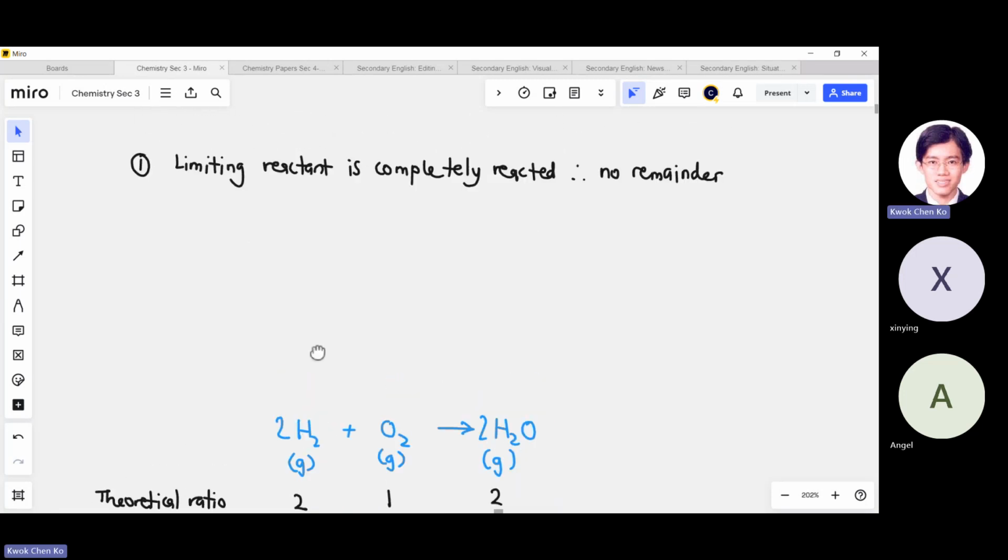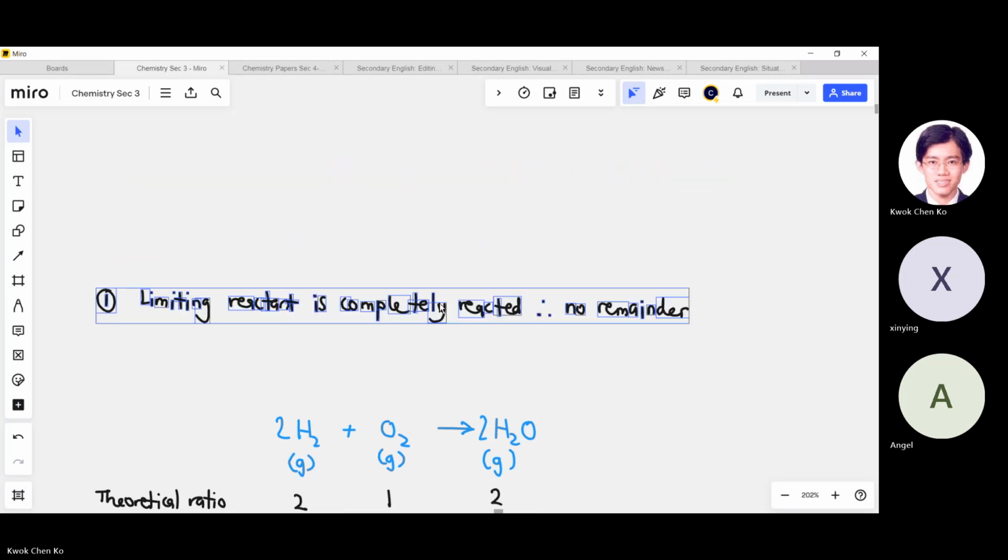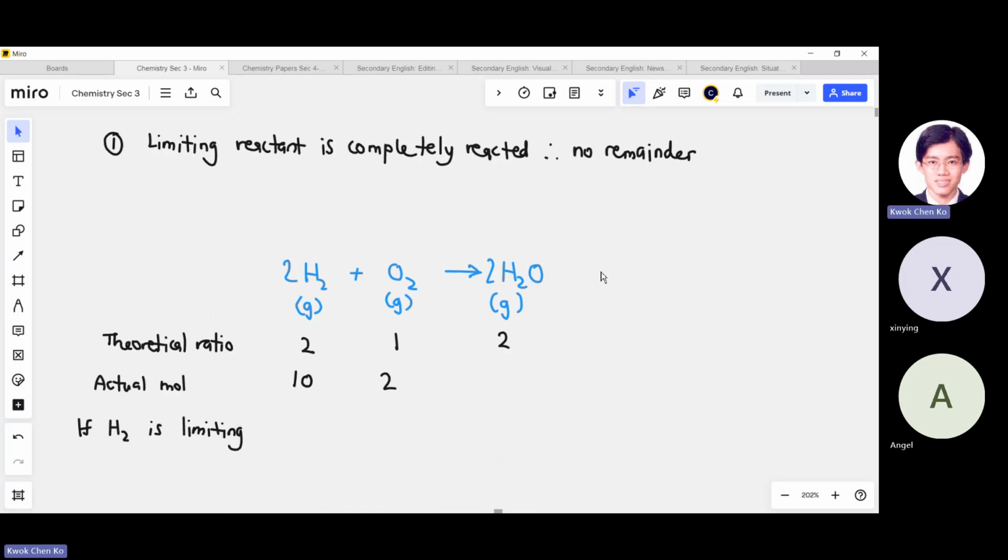Now, go back here. If H2 is limiting, that means I have 10 moles of H2 and I will use up all 10 moles. How much O2 do I need theoretically? Look at my theoretical ratio, 2 is to 1. So 10 is to 5.